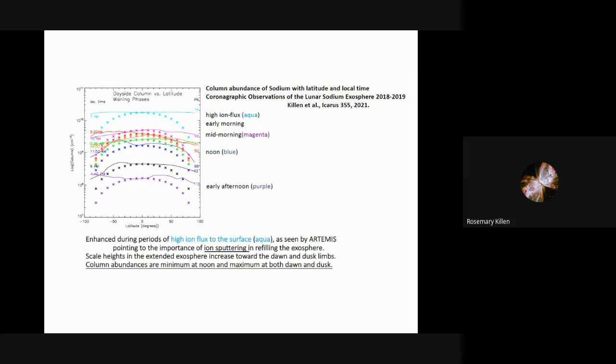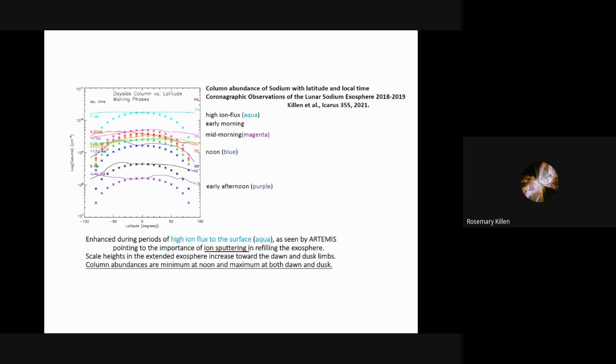Next slide. So one thing that we saw was that if you look at the aqua line, the one with the greatest column abundance, that was actually correlated with when the moon was in the magnetosheath and the ion flux to the surface was very high, measured by ARTEMIS. So this is the evidence that ion sputtering is important when the moon is in the magnetosheath.